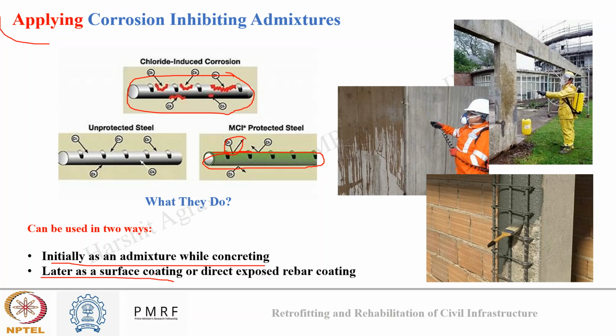If the chemicals can't diffuse into the concrete, we can directly apply them to the rebars once they are exposed. Okay, in this image you can see a corrosion inhibitor was sprayed on the surface of concrete elements, but here, when the reinforcement got exposed, they were painting the rebars with the corrosion inhibitor for protecting it.